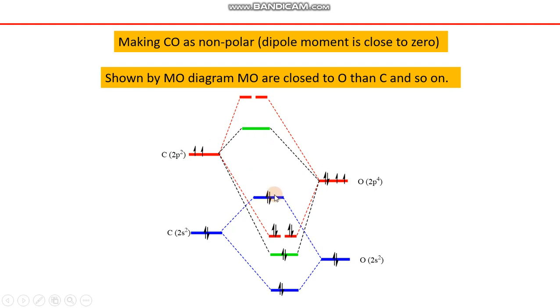Therefore, the orbital from where the electron pair is donated is polarized on carbon, and the orbital which is capable of accepting a pair back from the metal center is also polarized on carbon. Therefore, carbon monoxide will offer carbon as the donor center, not oxygen. This is the absolute situation in carbon monoxide, or carbonyl.